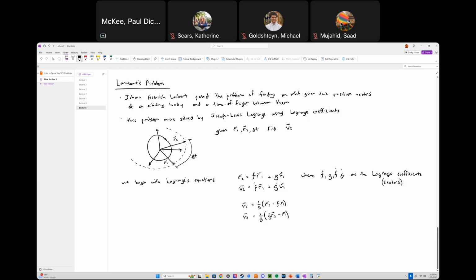That sound right? Let's see. Oh, I see. Yep, sorry. That took me a second, I'm looking at my own notes. We're substituting the velocity into the V2 equation. So we want V2 as a function of R1 and R2. That's the idea. So we plug V1 in here. All right, sorry, a little bit rocky there.